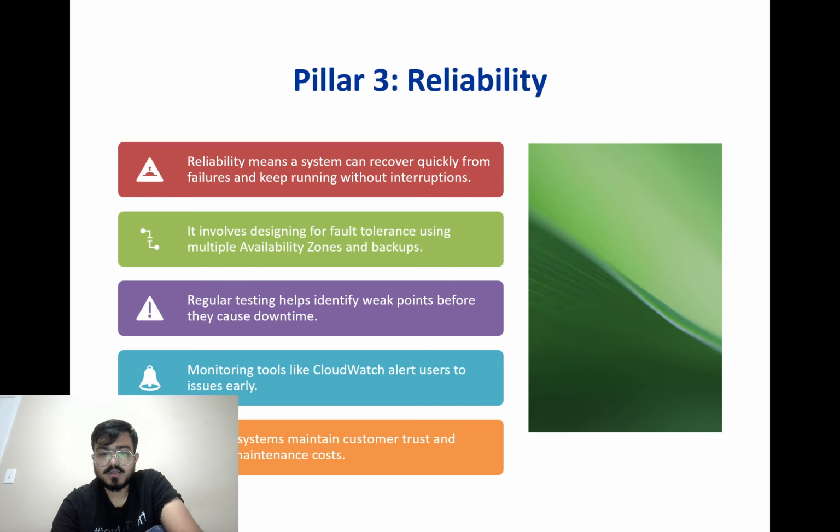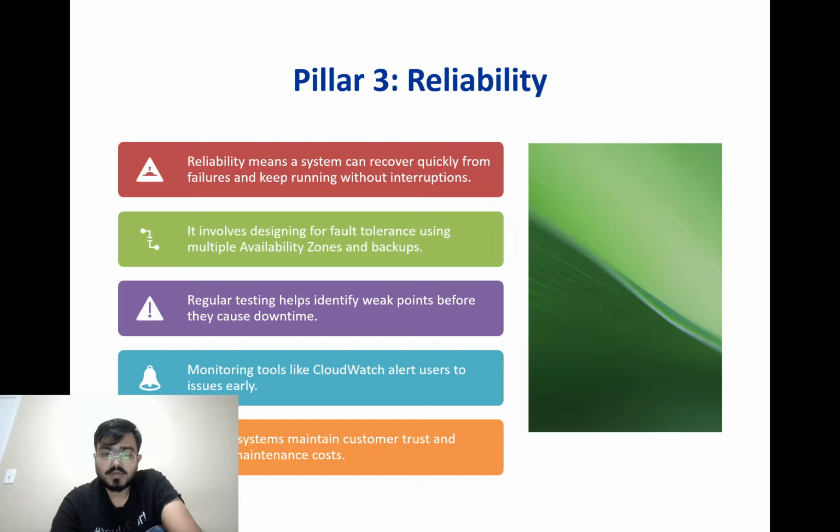Let's see the third pillar, reliability. The reliability pillar ensures that your system keeps running even if something goes wrong. In cloud computing, things can fail, servers might crash, or networks might go down. Reliability means being ready for those moments.